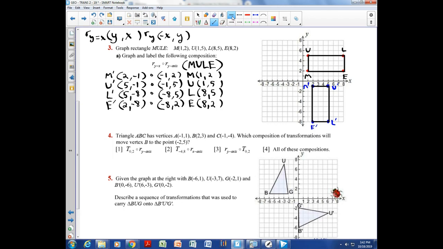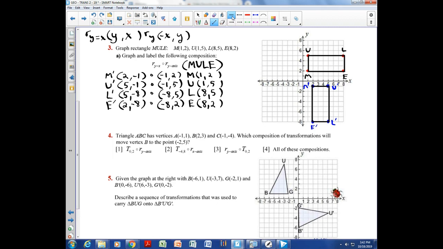However, there was another question that I erased, and it's a very, very important question. The question said, here you had a series of rigid motions, or you had a composition. Is there a single transformation that would have done the same thing?